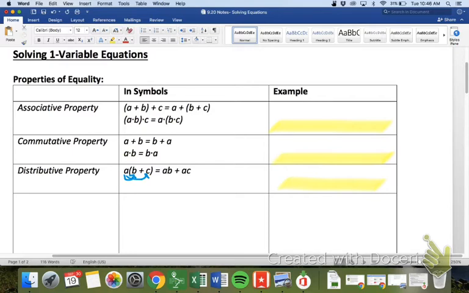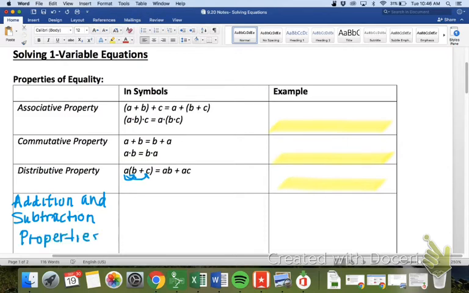The first 2 new properties we're going to look at are the addition and subtraction properties of equality. I'm grouping these together because we can think about subtraction as the addition of a negative number, so it's the same thing as addition.